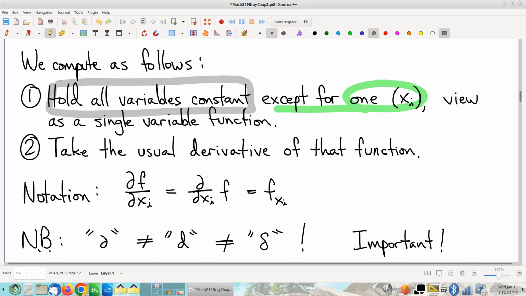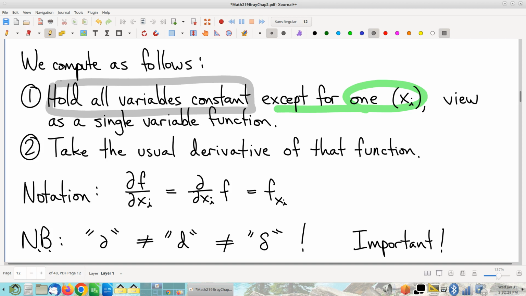If the thing that I'm about to define requires making an outrageous assumption that only one of the variables is ever allowed to change, you can see that this is going to have limited interpretation. Which is one of the reasons that I don't want to start with this. But anyway, here we are.